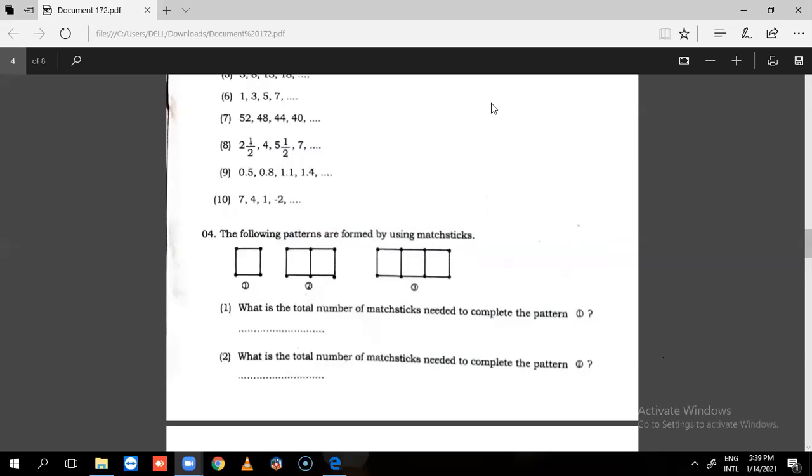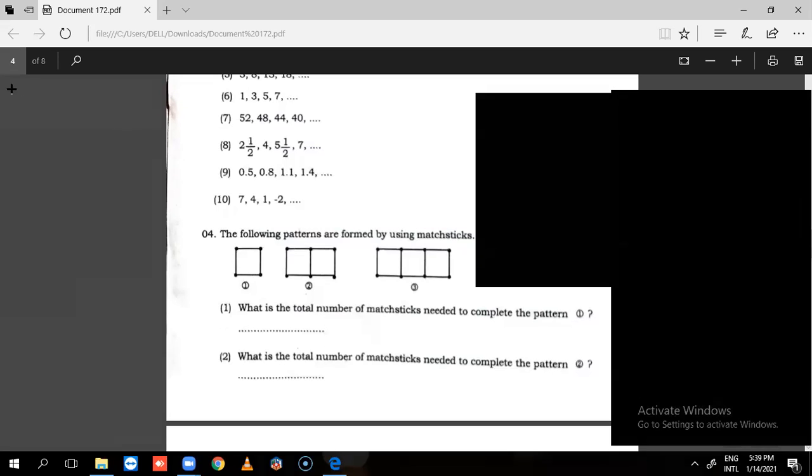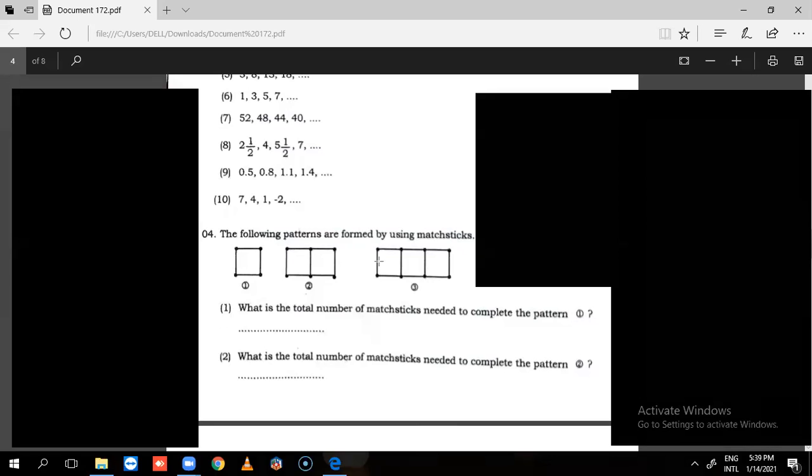Something happened. Right, we'll do it again. Something happened.